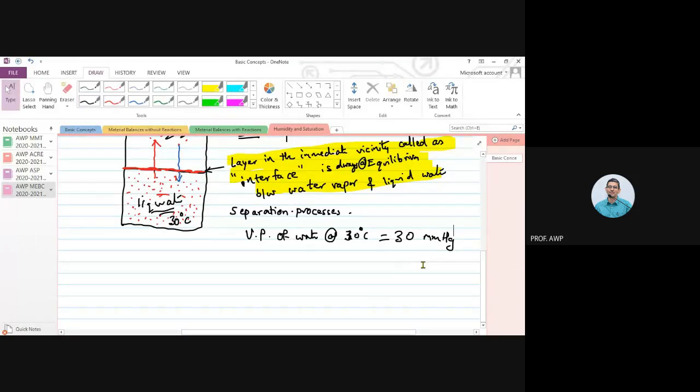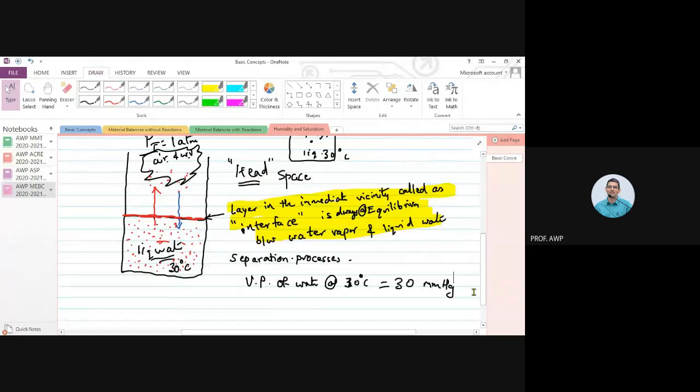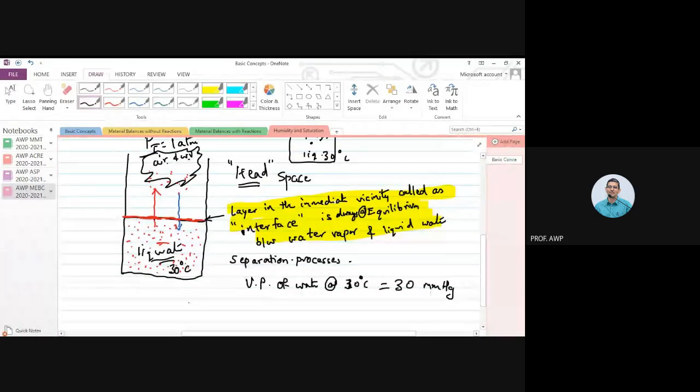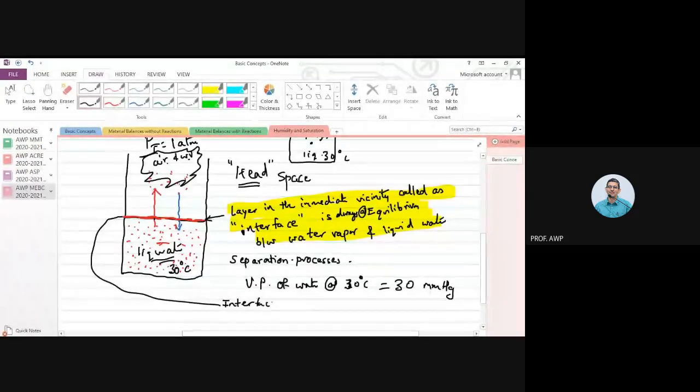But if I assume right now that vapor pressure of water at 30 degrees centigrade is 30 mmHg, that means at this interface, vapor pressure of water at 30 degrees centigrade is 30 mmHg.